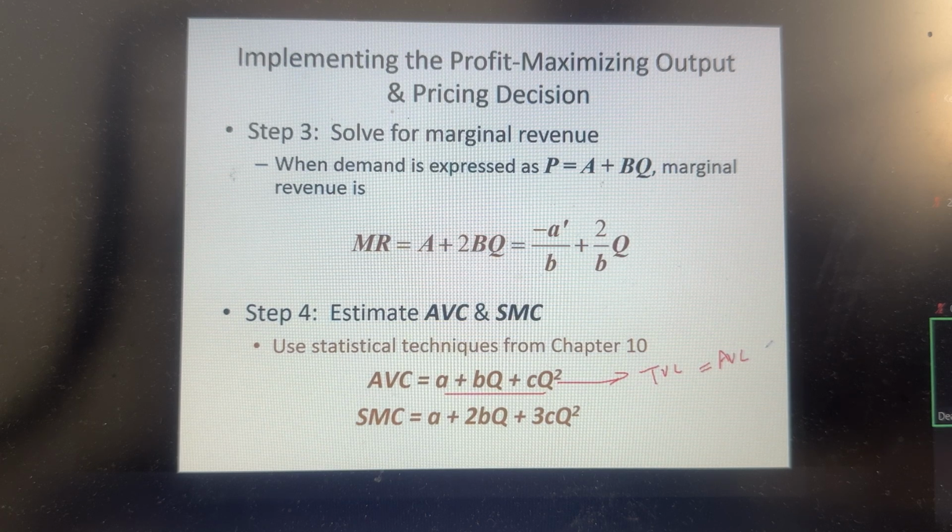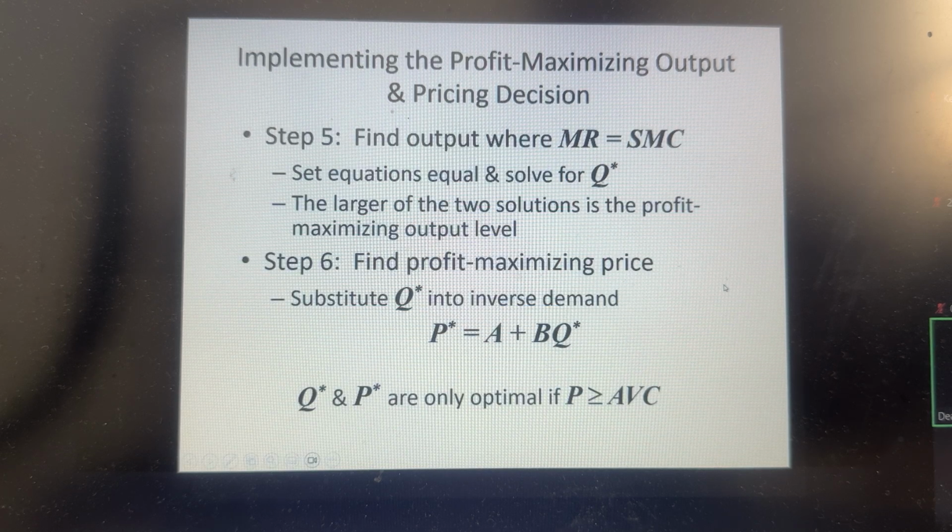Multiplying AVC by Q, you can take TVC, and taking the first derivative of the TVC, you can take the MC term. That is step 4. And then step 5, find the profit maximizing level of output by equating MR to MC.